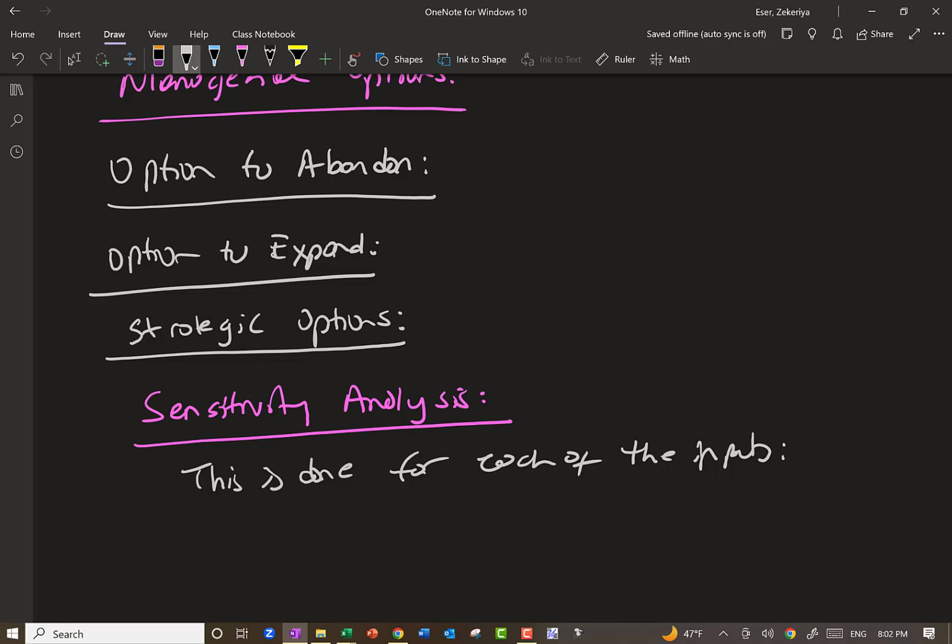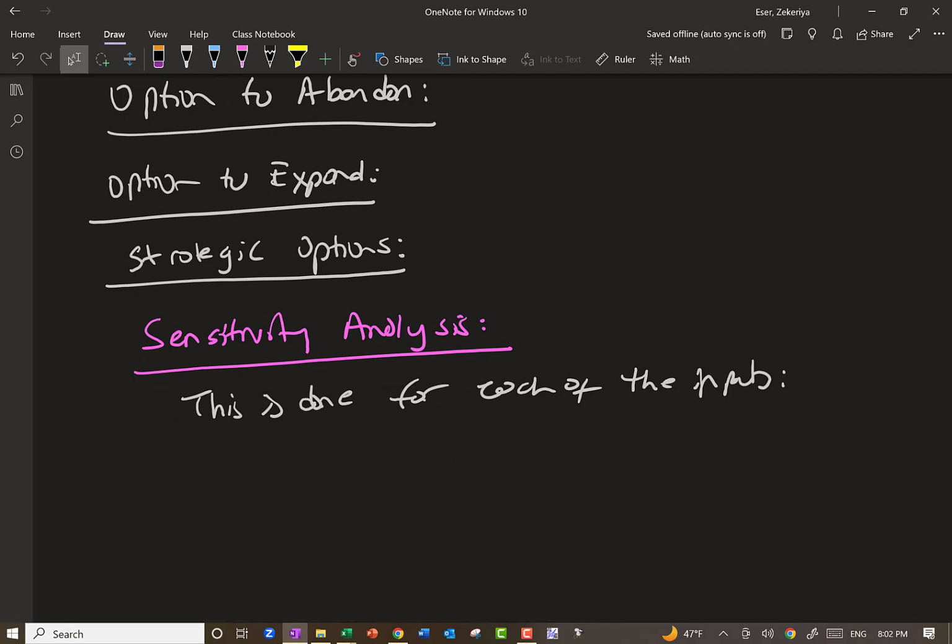What would be the effect on the NPV if I was selling 1 unit less? If you think about it, if I'm selling 1 unit less or $1 less in price, let's say, the sales are going to be reduced by $1 million, right?